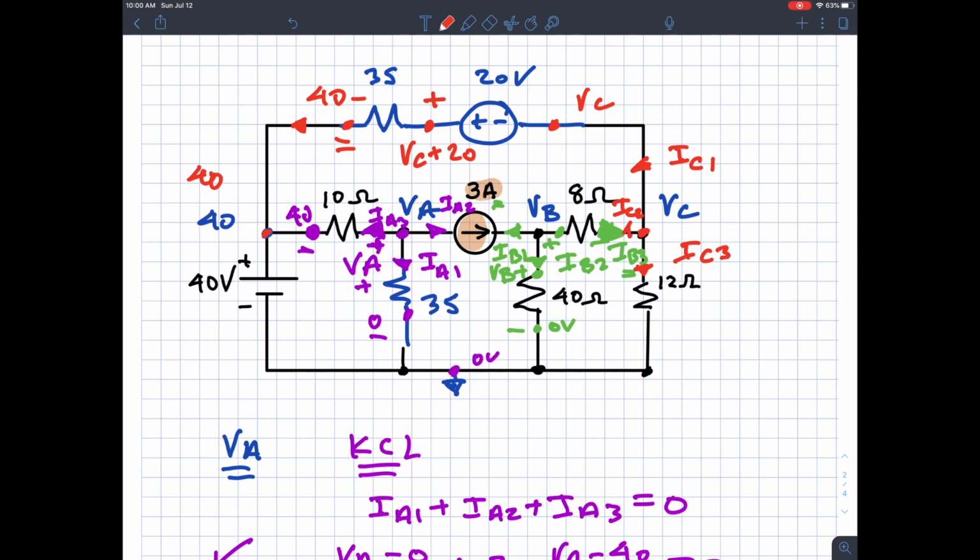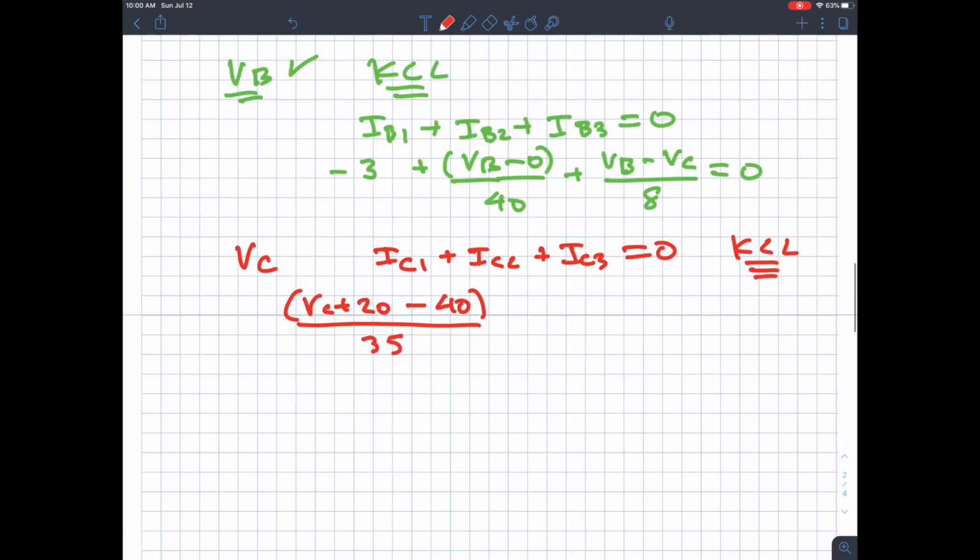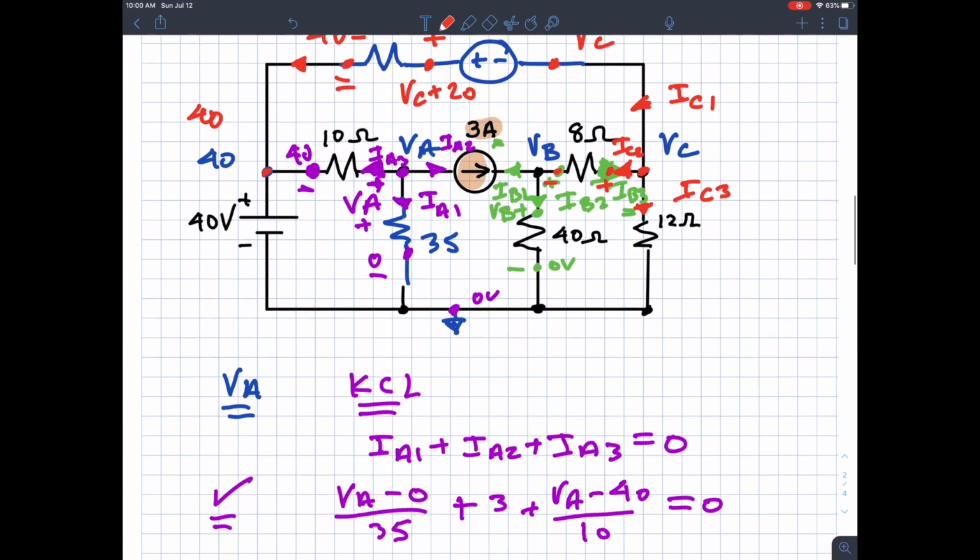All right, IC2, current's measured this way. So the VC dot is right here, the VB dot is right here. It's plus first and then minus. Okay, this gets really jumbled when you write over the top of it, but you get the idea. Plus first would be VC minus VB, and then the resistor value is 8 ohms.